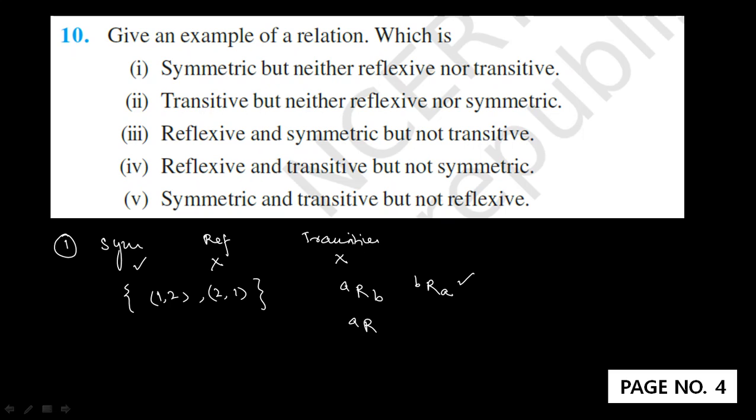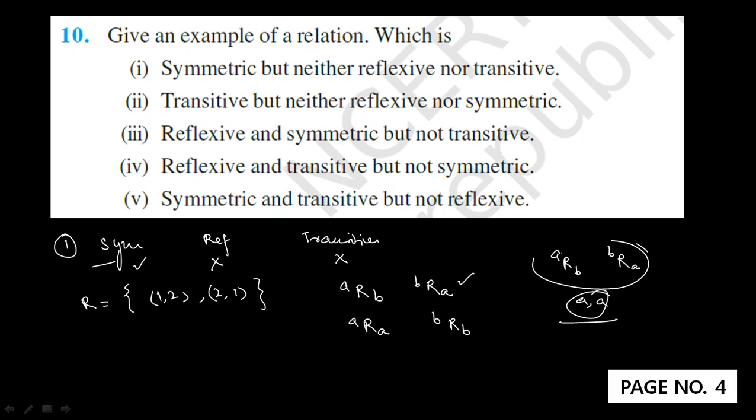A in relation to A is not there and B in relation to B is not there. Also, the third condition, if I am talking about transitive nature, if A in relation to B is there and B in relation to A is there, then A in relation to A should be present. This one is not there. It means the relation is only symmetric.